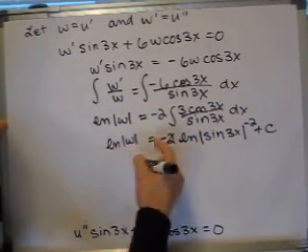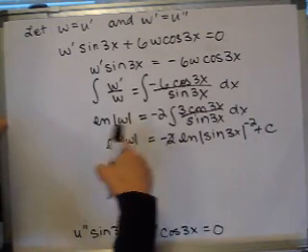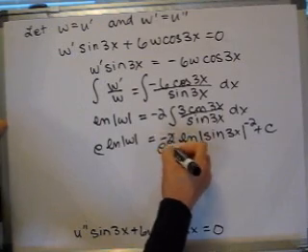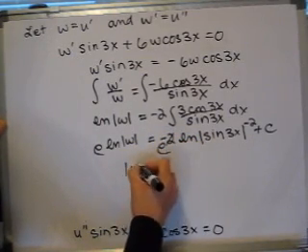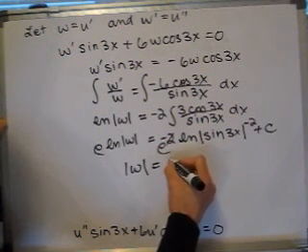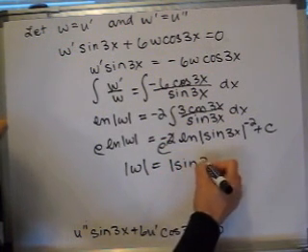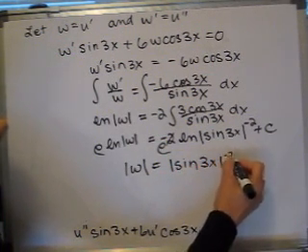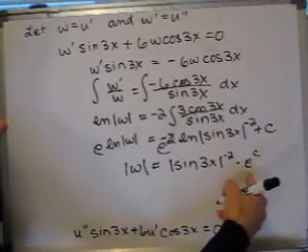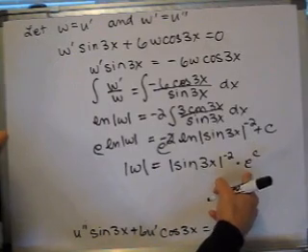And so I can take both sides and raise them to the e power. So if I put e to both of these sides, what I'm going to end up with is absolute value of w equals e to the ln just gives me the sine. So that's sine of 3x to the negative 2. And then it's times this e to this constant. That's going to be another constant that I'll call k.